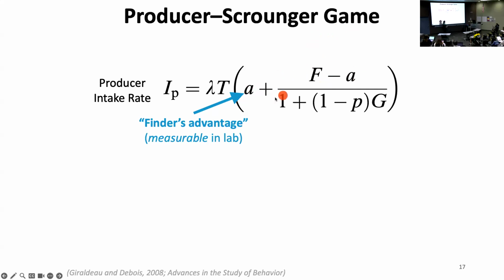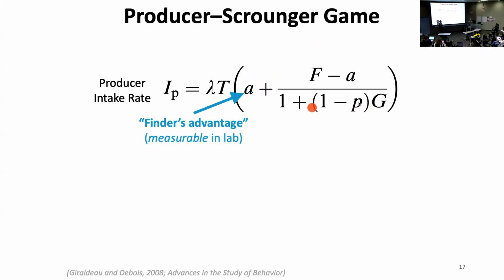And so you take the remaining portion that you did not get to monopolize, and you have to divide it up between you and the scroungers. If G is the group size, the number of birds that I put in my experiment, and if P is the proportion that are playing producer, so P is a fraction, like if 100% are producers, then there are no scroungers. If 100% are scroungers, there are no producers.